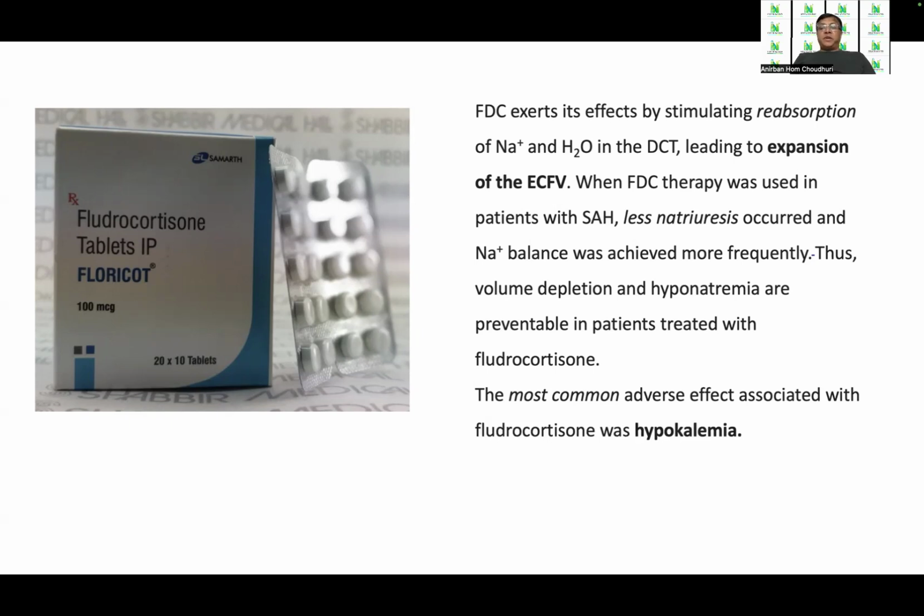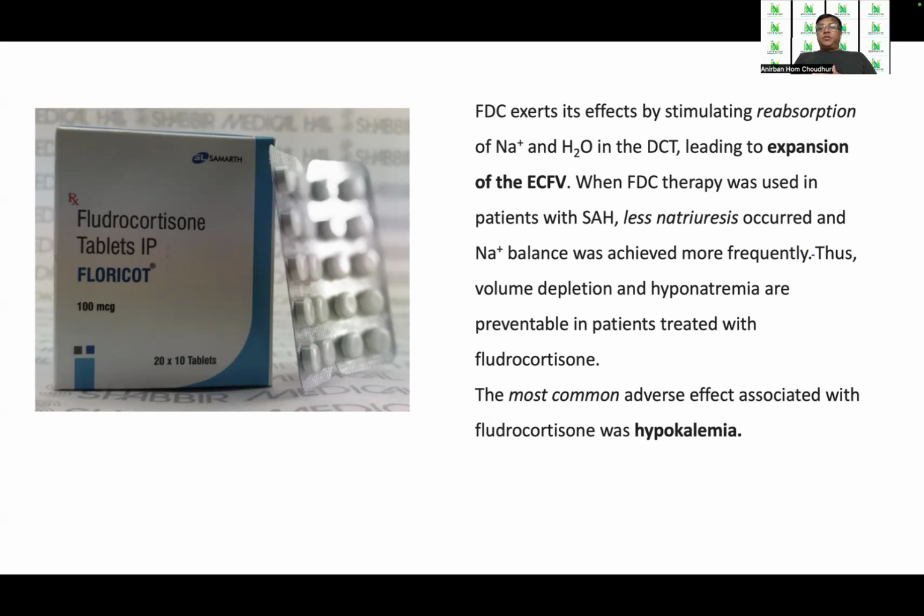So this has been found and reported in large trials, and volume depletion and hyponatremia are preventable in patients who are treated with fludrocortisone. And that is the rationale behind advocating the use of fludrocortisone in patients with cerebral salt wasting.